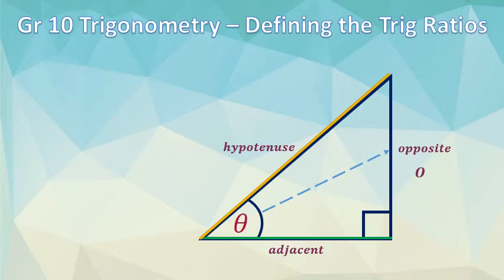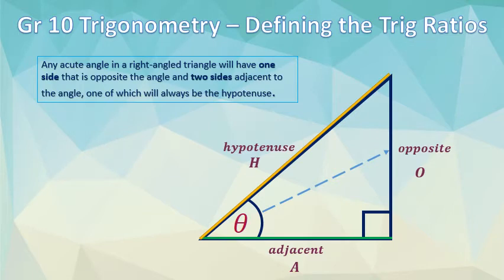So the opposite side can be called O, adjacent can be A, and hypotenuse can be H. It's important to remember that any acute angle in a right-angled triangle will have one side that is opposite to the angle and two sides adjacent to the angle, one of which will always be the hypotenuse. Hence, we have three sides in this triangle in relation to theta: opposite, adjacent, and hypotenuse.